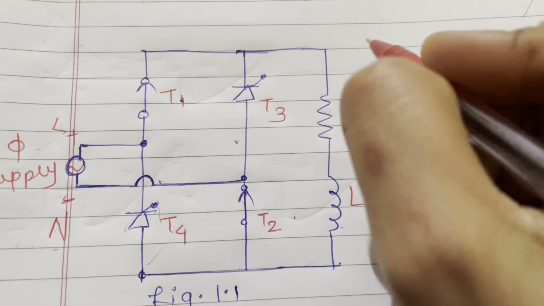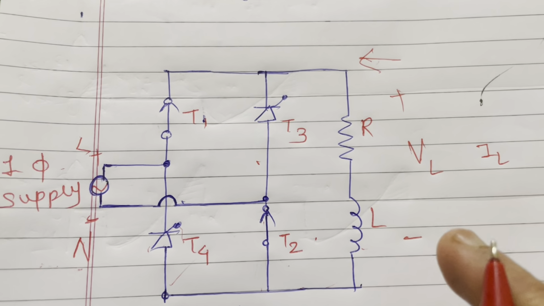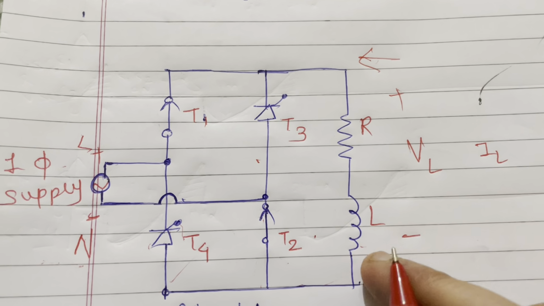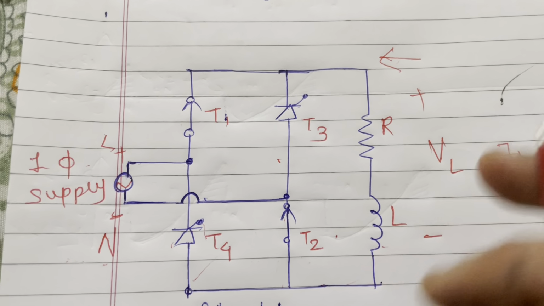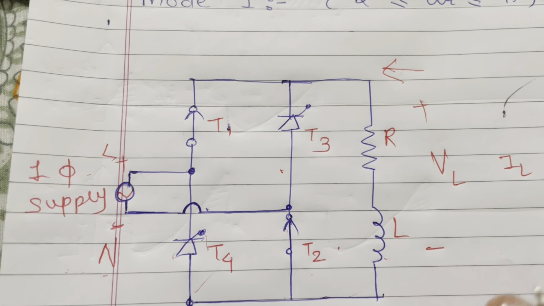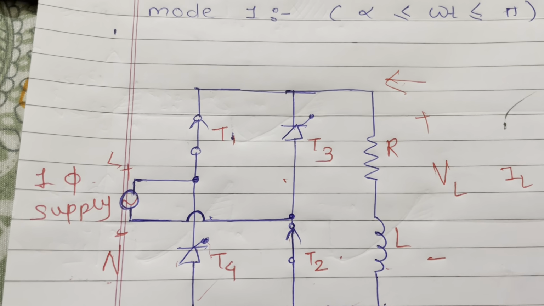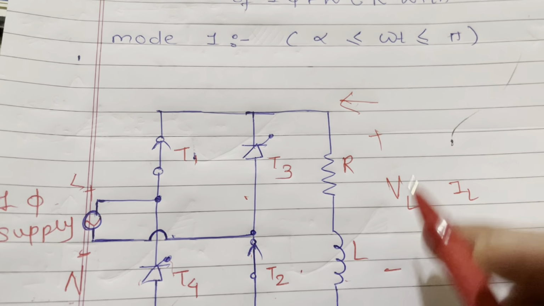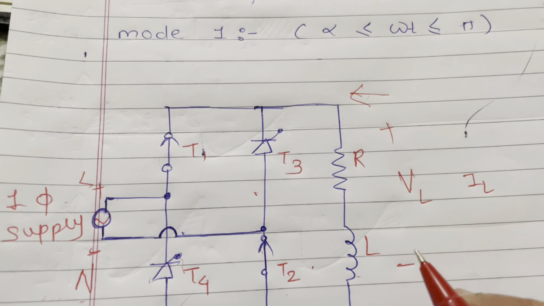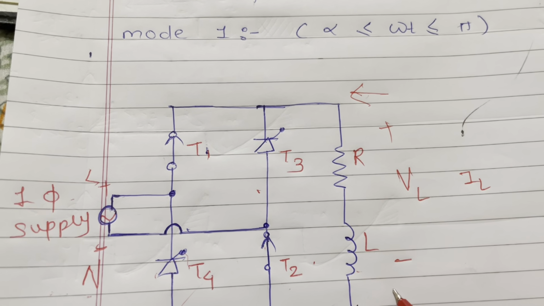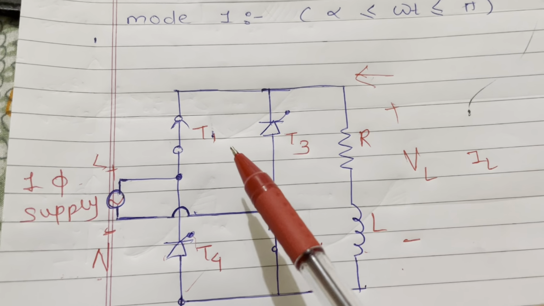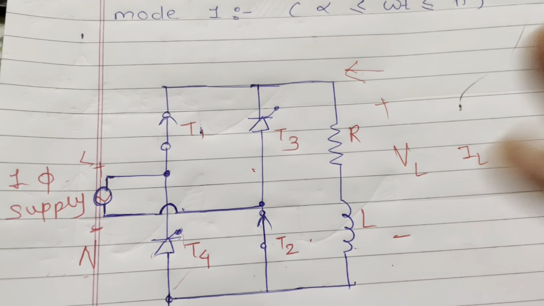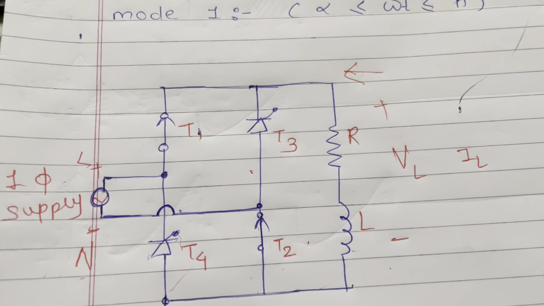But in the case of mode number 1, it is the energy feedback. What is the energy feedback? The inductance acts as a source voltage. From alpha to pi, energy is stored in the inductor, and the inductor behaves like an AC source, so only the conducting part of T1 and T2 is conducting, not SCR1 and SCR2.